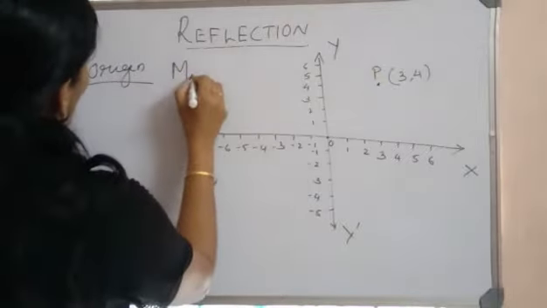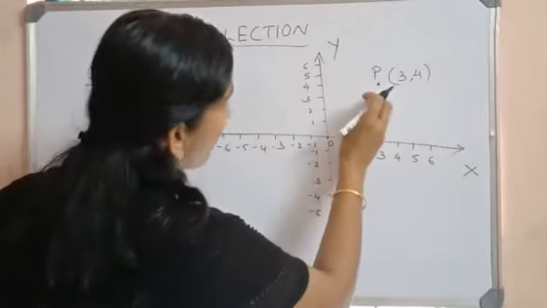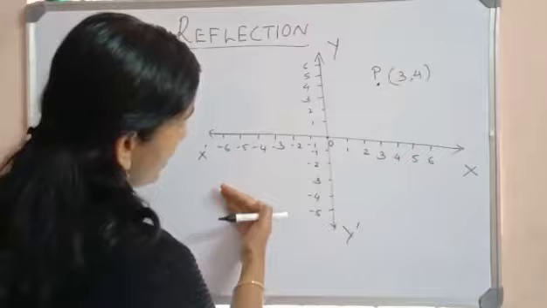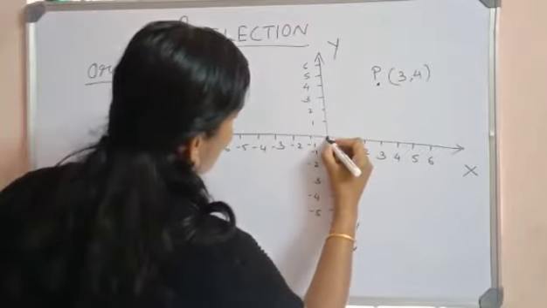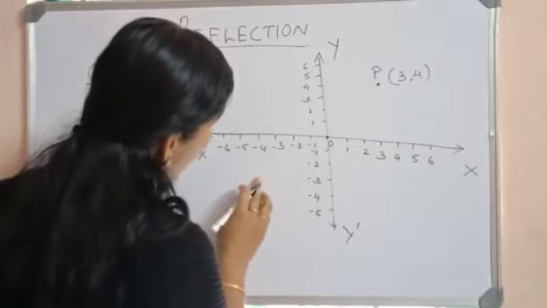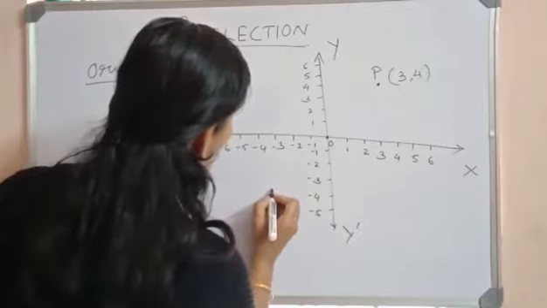Now let's see the transformation in the origin, that is Mo, where O is the origin. The point is the same point itself, P (3, 4), and the image will be formed on the other side of the origin. This is O here. The image is formed at (-3, -4). So the image will be on this point.